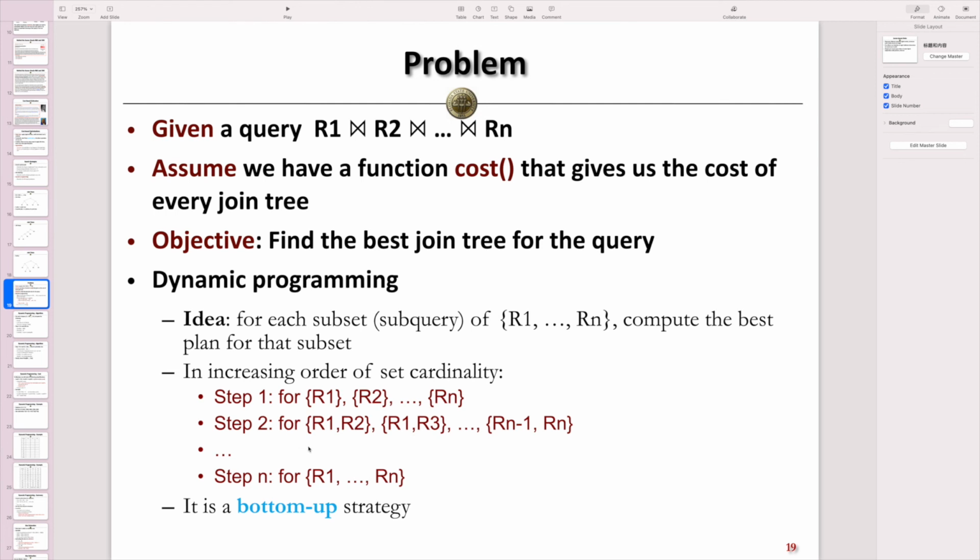In other words, we have the best way for computing the joins for any subset of relations according to this algorithm. So we work as a bottom-up strategy to find the best way for computing the joins among the input relations. Okay, so these are the high-level ideas, and we will show you in more detail how to implement this algorithm.